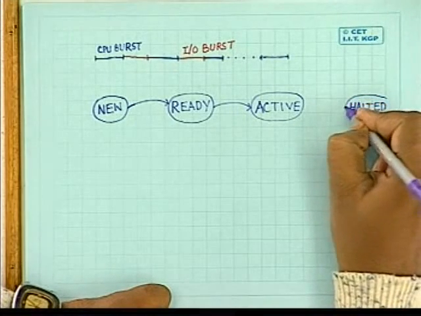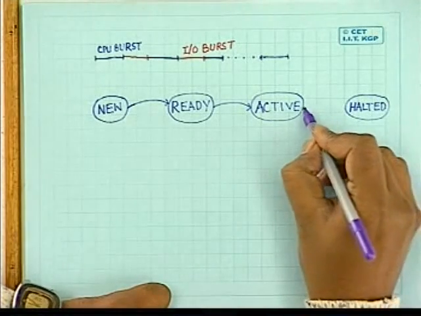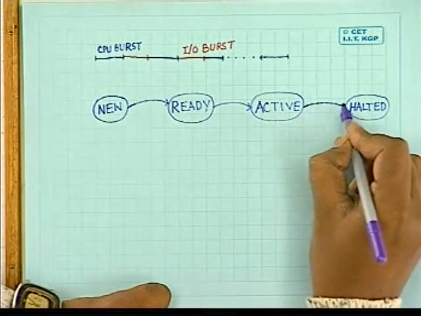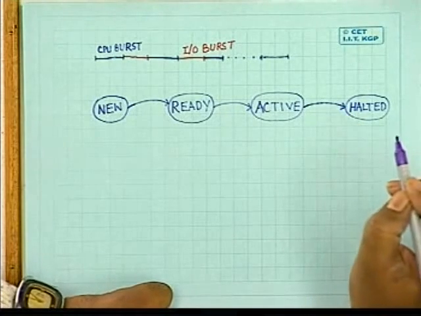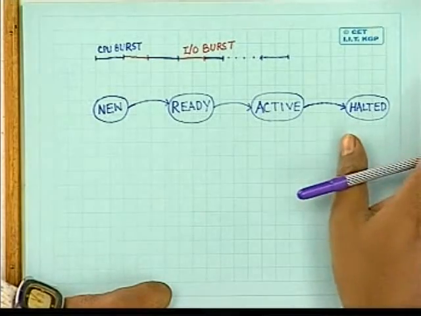Usually the term which is used is halted. So from active state, the job moves to halted state when the job is complete. This may be completed naturally, or if there is some abnormality in the job, the CPU will terminate the job forcibly. Then also the job comes out of the system and enters into halted state.